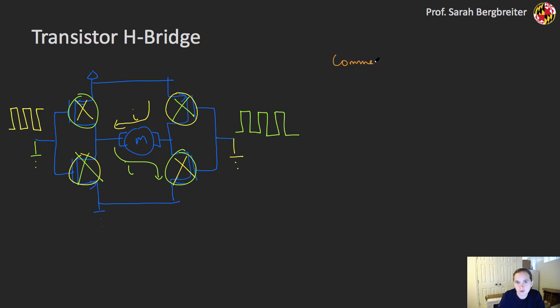There are a lot of commercially available single IC package H-bridges as well. One of those is a TI SN754410, and that is a very common one, typically limited to about an amp of current. So these are going to be very dependent on how much current you need to provide through your motor in order to get the kind of torque that you might want.